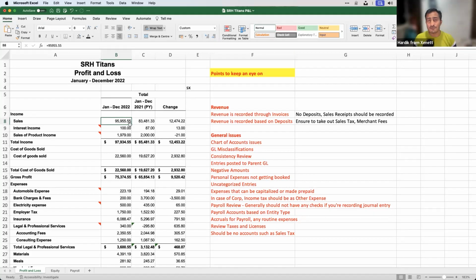Because if we are recording invoices and then also book the deposits, that might mean we are double booking the revenue, right?